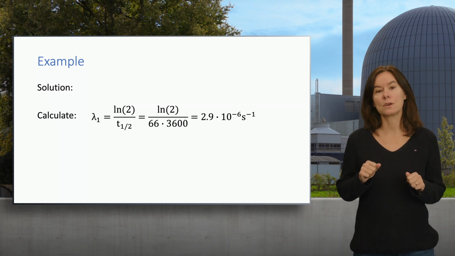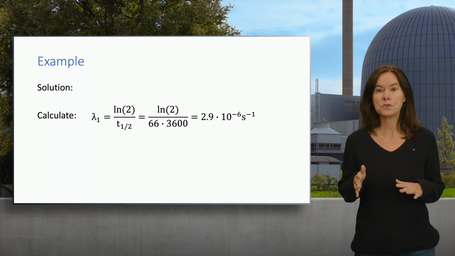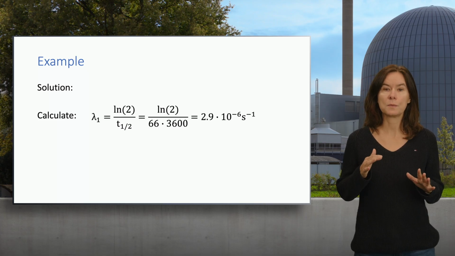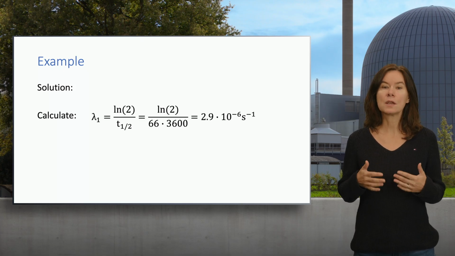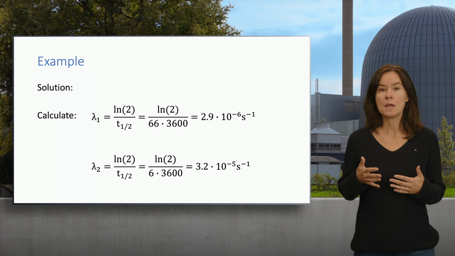Next, we calculate the decay constants, like we have done before, which gives us the decay constant of molybdenum-99, which is 2.9 times 10 to the power of minus 6 per second. The decay constant of technetium-99m is 3.2 times 10 to the power of minus 5 per second.